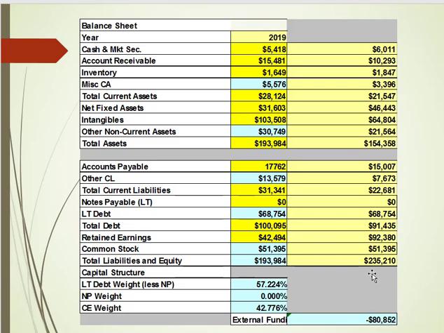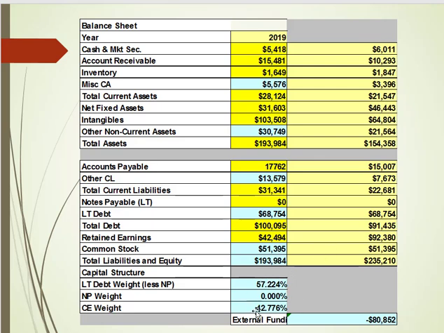But in this case, what you see is we have $235,000 that we've gathered. We have this money, but we only need $154,000 worth of assets. So we have a lot more money than what we need. In fact, we have over $80,000 in a surplus. So external need, if we need money, we know we're either going to have to go to a bank or go to common equity.